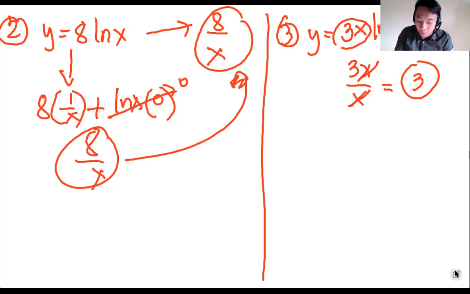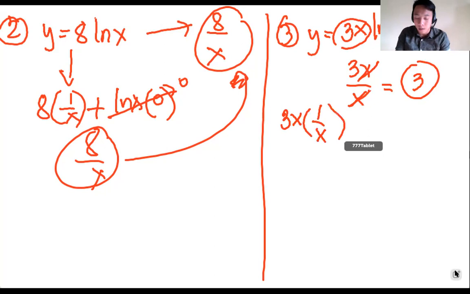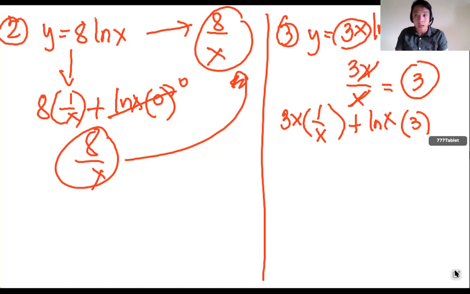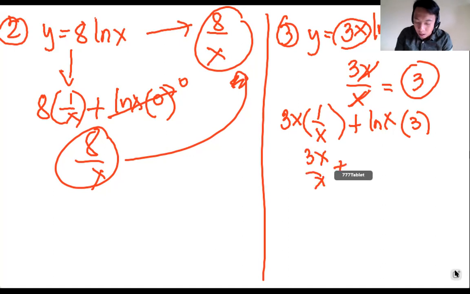I will copy f multiplied by the derivative of ln x plus ln x multiplied by the derivative of 3x, we have 3. Correct? Okay, so we have here 3x over x plus 3 ln x.